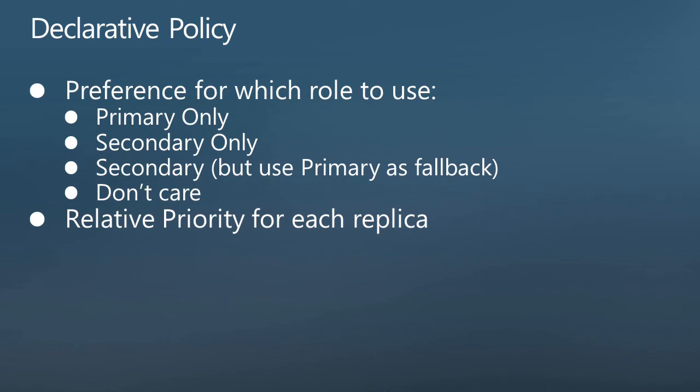I don't expect that to be a real common scenario, but it's there because it was one of the obvious selections for completeness. The default setting, which we expect the majority of customers to use, is prefer secondary, but we'll use the primary as a fallback. So if there's a secondary available, we'll do the backup on one of the secondaries.